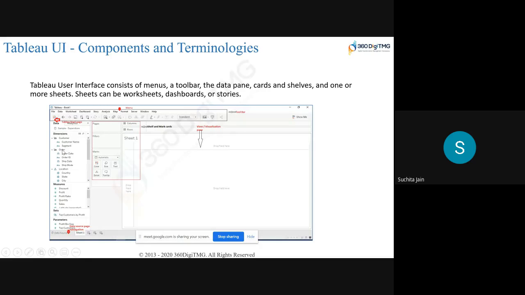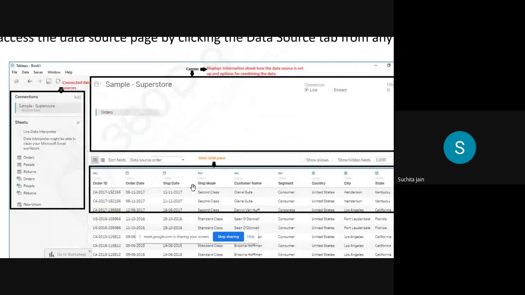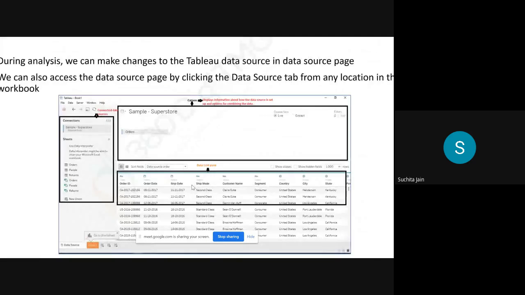So, you remember this data. How Tableau operates is: the first step is you open Tableau. The second step is that you bring your data into the Tableau environment.